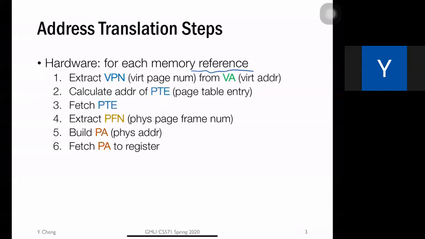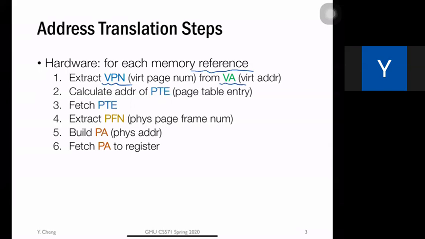As you can see, this protocol has 6 different steps. In order to perform a specific memory reference, the very first step is to extract the VPN, short for virtual page number, from the virtual address provided by the CPU, right?